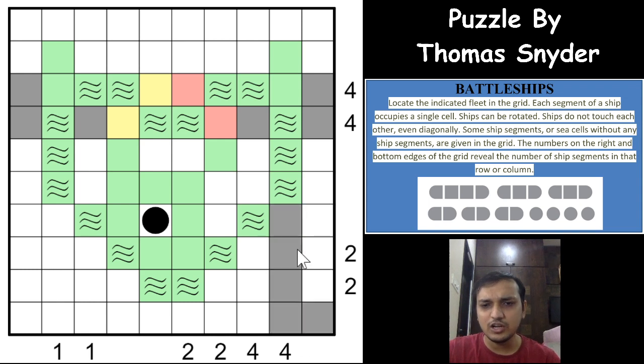Anyway, you cannot have a 5 cell ship segment in a 4 by 2 area. Same way, as the 2 by 2 areas increase, exactly 2 cells will be added as the maximum possibility of ship segments, right? So I'm not sure if that will help here, but just for an idea or a trick, I would say that grouping logic will surely help you in some of the other puzzles.